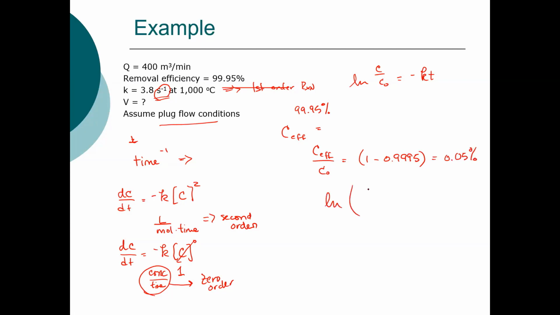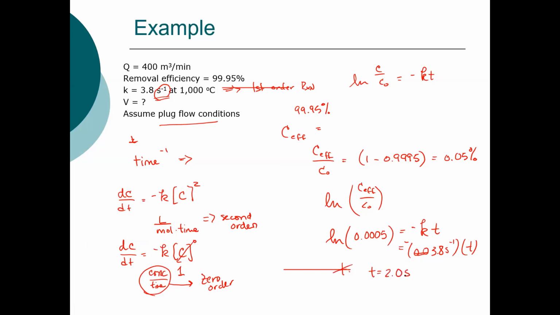So ln of C effluent over C naught is ln of 0.0005. That is equal to minus KT, minus 3.8 inverse seconds, times T, and T is equal to 2.0 seconds.